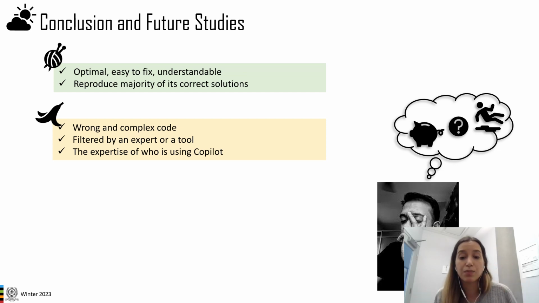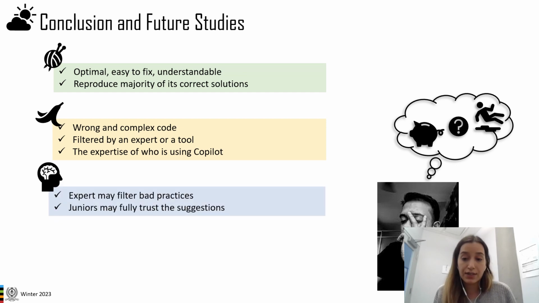Our experiment may not be conclusive enough to explicitly answer that question and say that Copilot is 100% an asset or 100% a headache for projects. But our assumption is that it really depends on the expertise of whoever is using Copilot as a pair programming tool. Experts may be able, based on their knowledge, to filter out those bad practices.